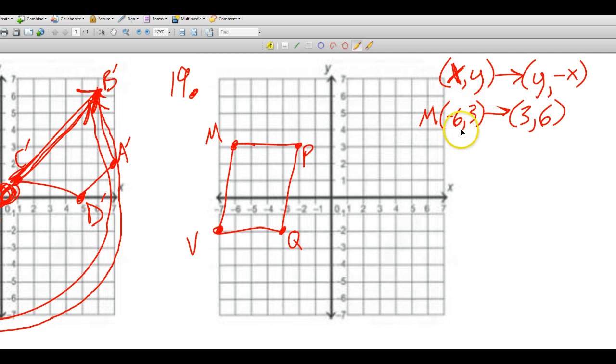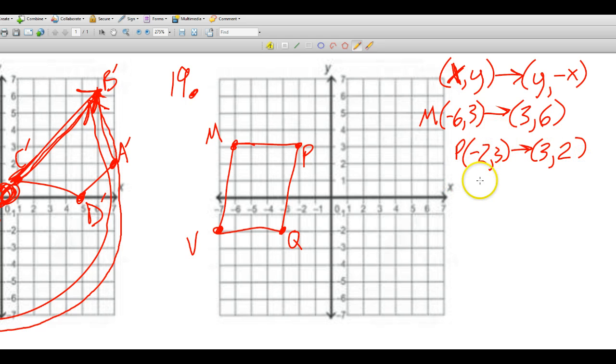So P, whose preimage is (-2, 3), maps onto, so my y coordinate becomes my x coordinate, the opposite of the x becomes the y coordinate.